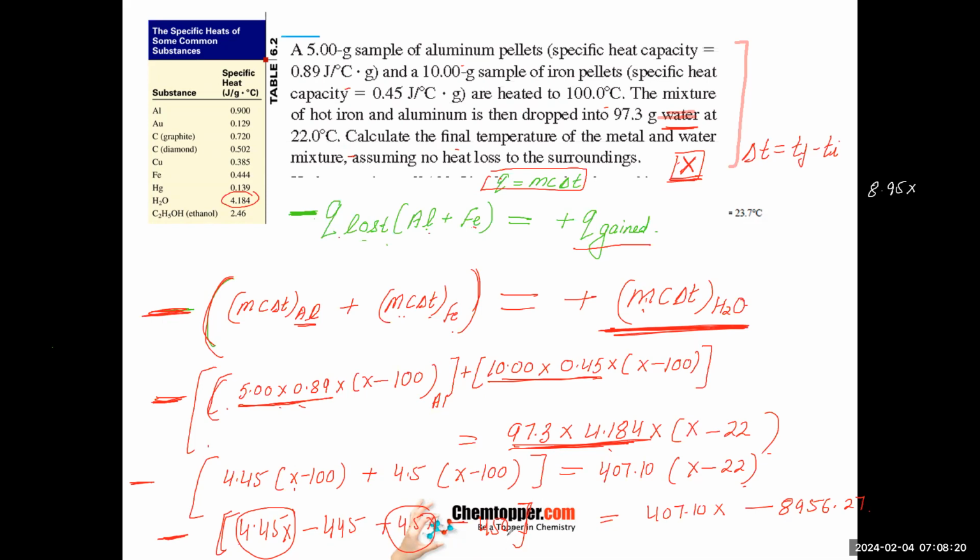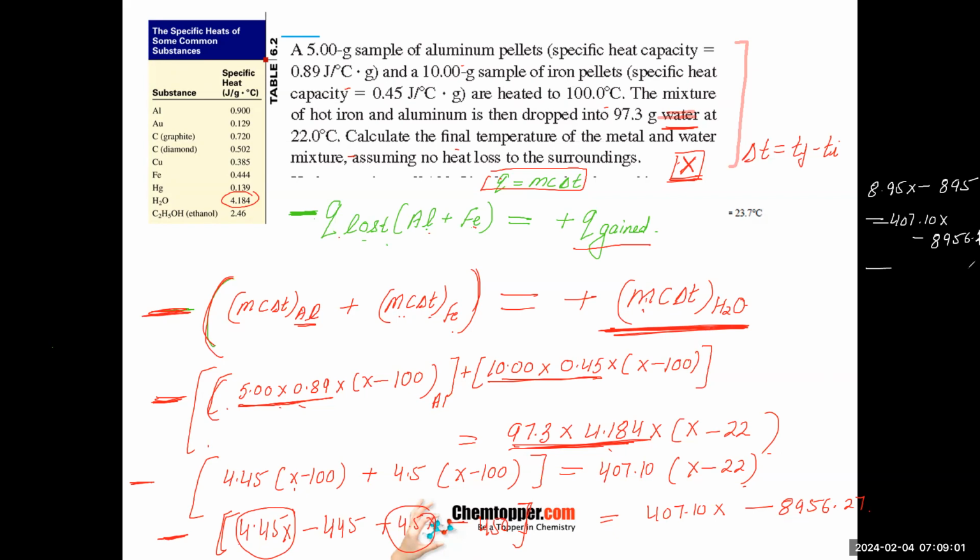They have the same sign, so they will be added. So minus 895 is equal to 407.10x minus 8956.27. Can you solve it for x, children?